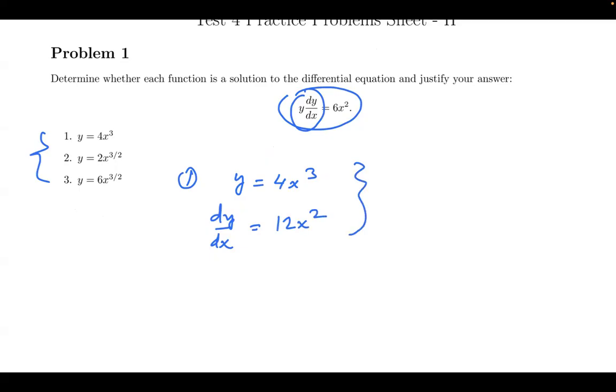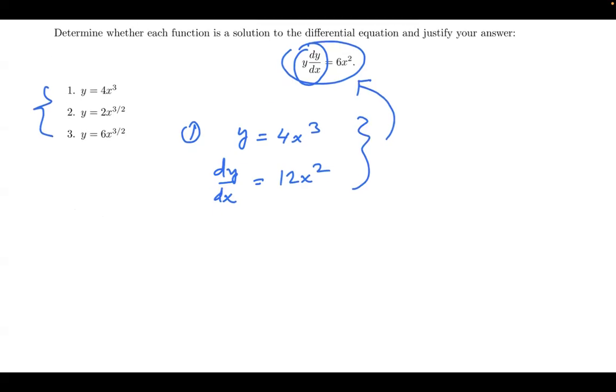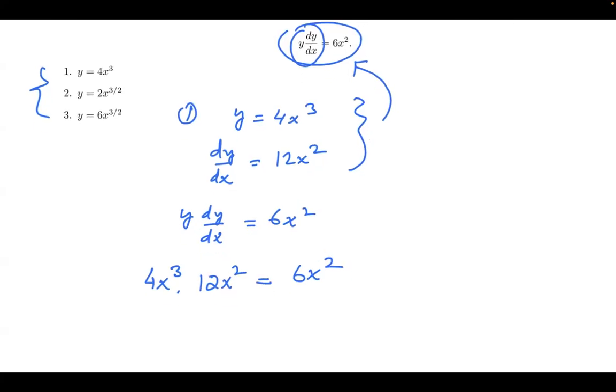If you plug these two values in, the equation is y times dy by dx is equal to 6x squared. The value of y is 4x cubed, the value of the derivative is 12x squared, and the right hand side is 6x squared. I just need to verify whether the left hand side is equal to the right hand side or not.